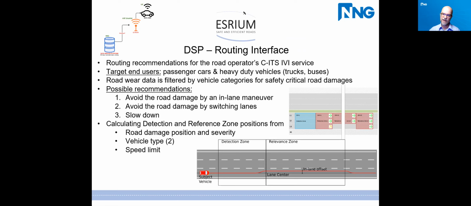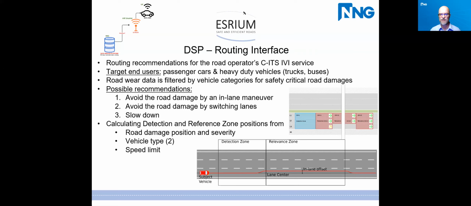So the recommendation will be, please change lane. There is another option: if you do not have the situational possibility to change lane, or even to make this in-lane maneuver, then please slow down in order to keep your vehicle and the traffic safe.